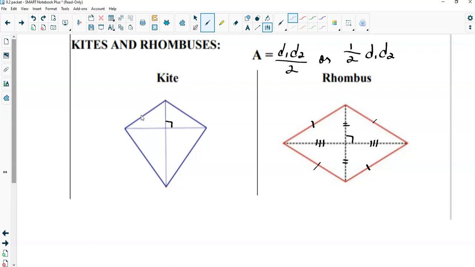In the kite, we know that this side is congruent to this side. This one is congruent to this one. We know that the long diagonal bisects the short diagonal. Then these angles right here are congruent. Also, this angle is being bisected.